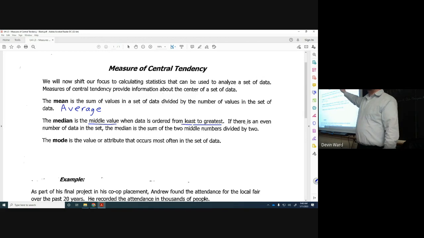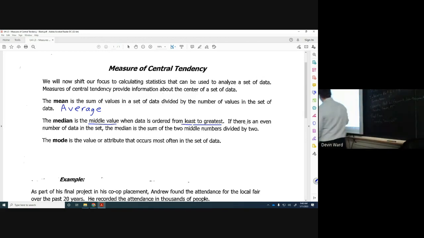So the median is better when there are outliers, okay? What is an outlier? So an outlier is a number that's far outside of the data set.